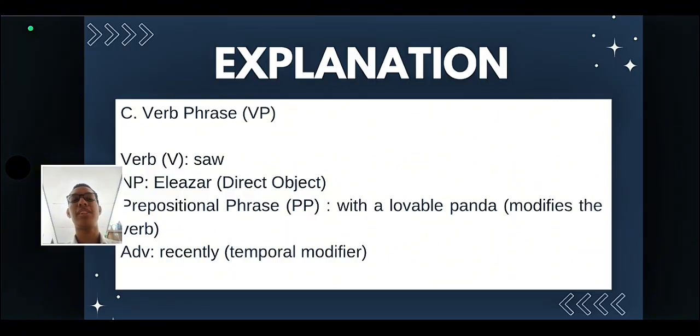Verb phrase: the verb is saw, the noun phrase Eliezer is the direct object, the prepositional phrase with a lovable panda modifies the verb, and the adverb recently is a temporal modifier.